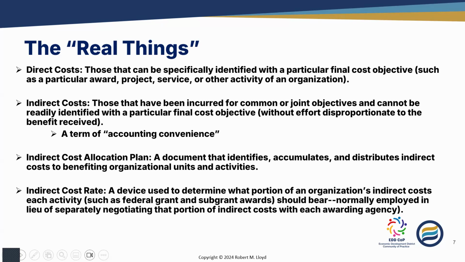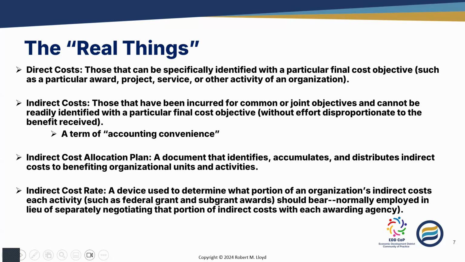Indirect costs, on the other hand, are those that have been incurred for common or joint objectives, but cannot be readily identified with a particular final cost objective without effort disproportionate to the benefit received. Now, the key words in that sentence are readily identified and without effort disproportionate to the benefit received.